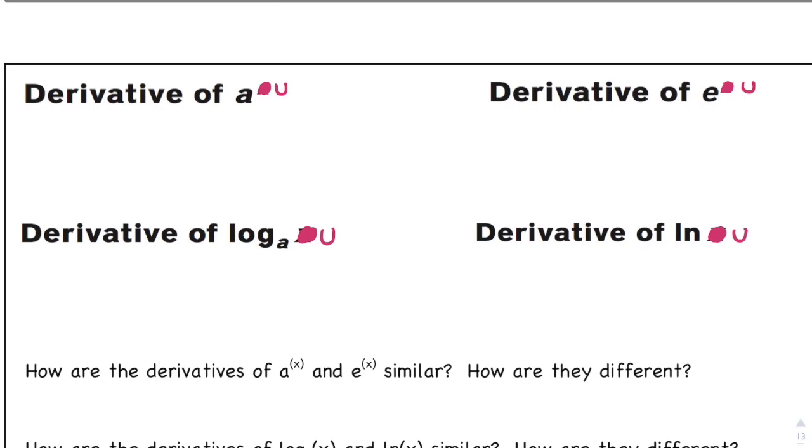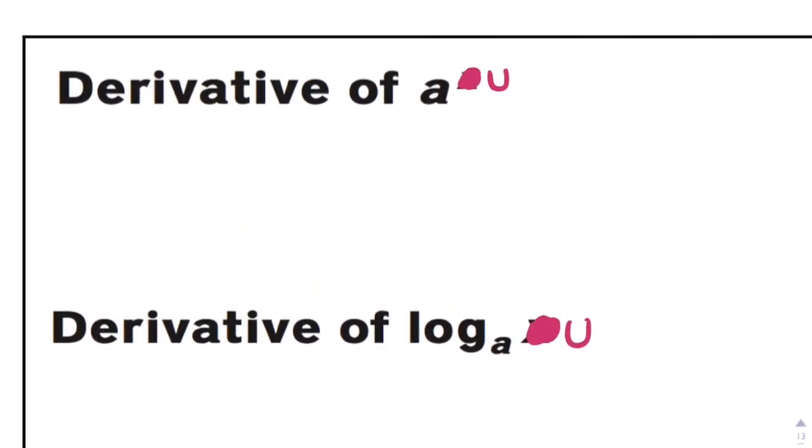So the derivative of a to the u is quite simple. It is the same exact thing, a to the u. We then multiply it by ln of my base, a, and then we times that again by the derivative of the exponent u, so u prime.